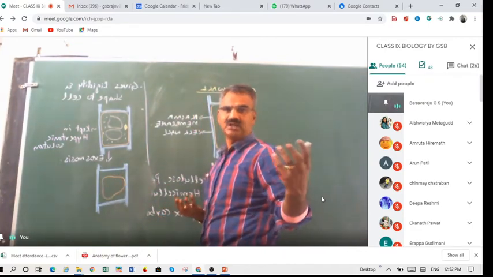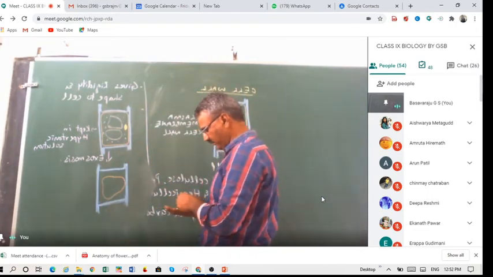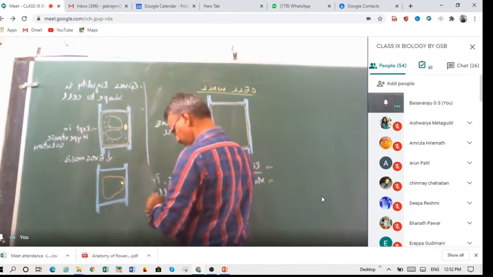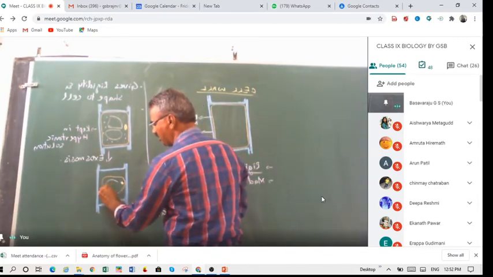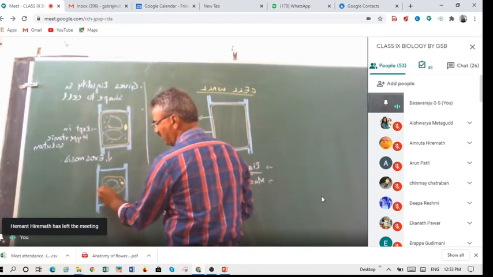It again depends on how long you keep it in that hypertonic solution, and all other components will be present here. Quite naturally, the size of the vacuole is going to decrease, and of course the other components will be present here.